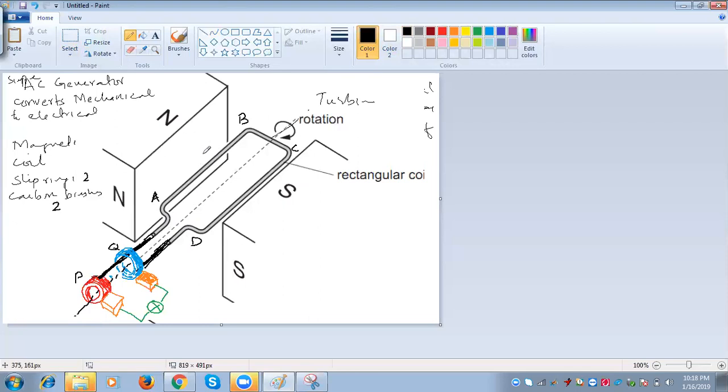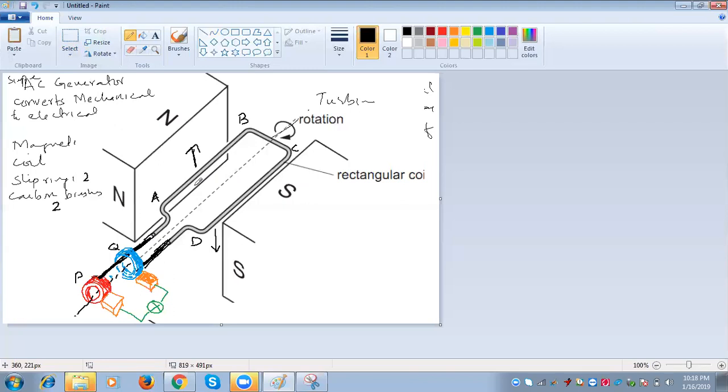What will be the direction of motion of side AB? Side AB is moving up and side CD is moving down. So what will be the direction of induced current if you apply Fleming's right hand rule to side AB? Motion thumb up and first finger towards this. It is difficult to apply the rule here.